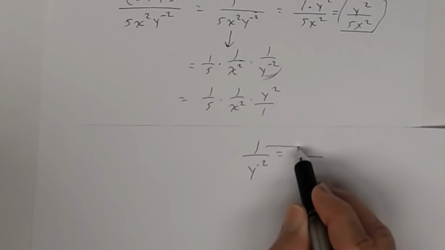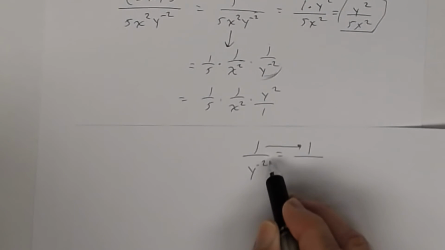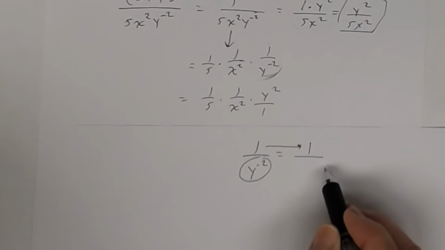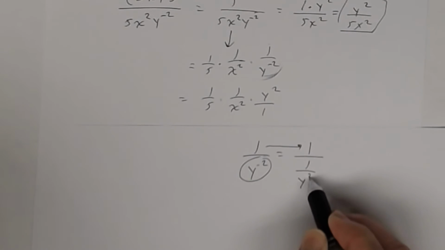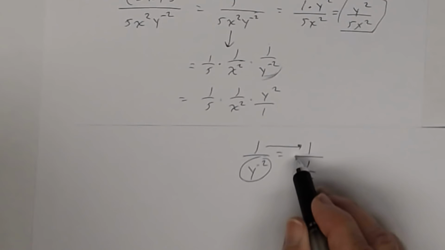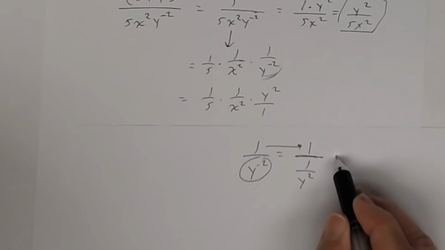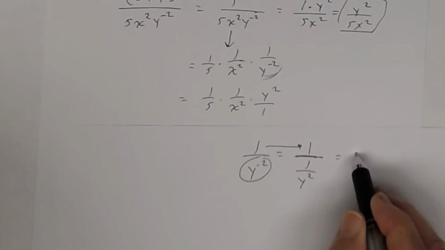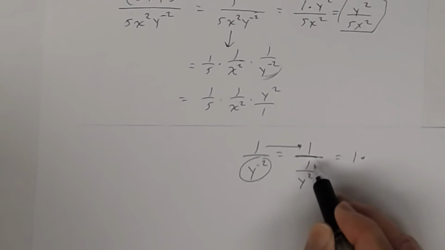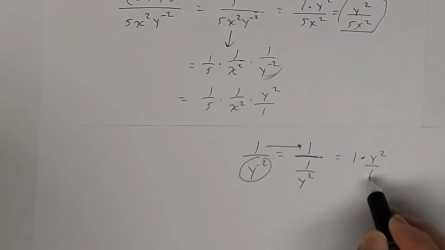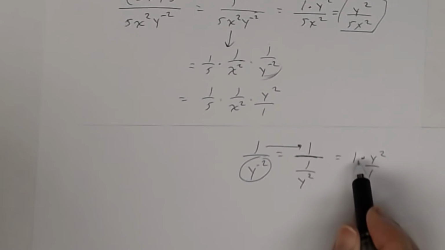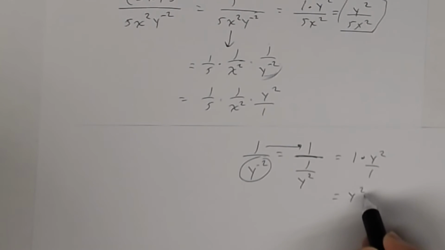In the numerator, this 1 is this 1. Now, by definition, y to the negative second is 1 divided by y to the second. And now we're going to change this to a multiplication problem. So you take the numerator, multiply by the reciprocal of the denominator. The reciprocal of 1 over y squared is y squared divided by 1. And so 1 times y squared is y squared divided by 1.